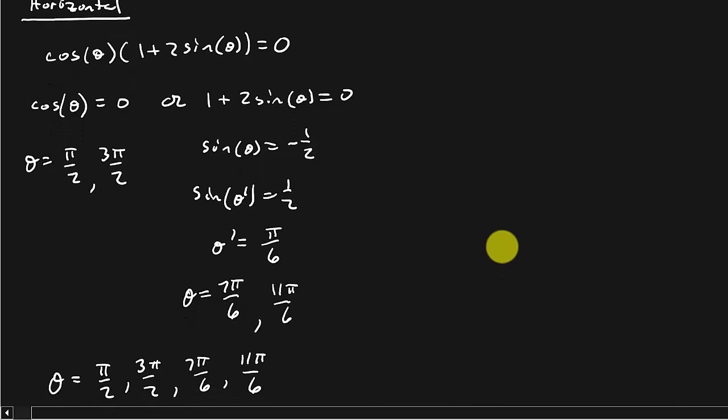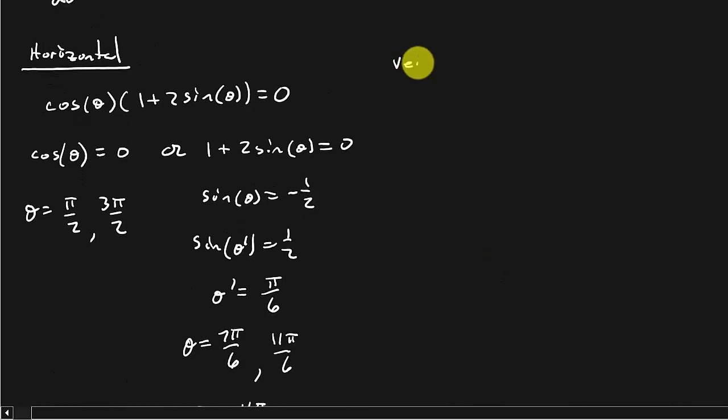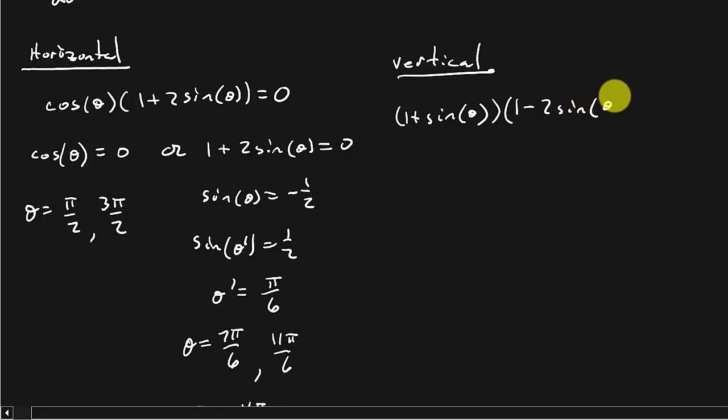All right, so now setting the denominator equal to 0, we're going to do our vertical. So I've got 1 plus sine theta times 1 minus 2 sine theta equals 0. And so what you're going to do is set each one of these, 1 plus sine theta equal to 0, or 1 minus 2 sine theta equals 0, and you solve them just like I did these over here.